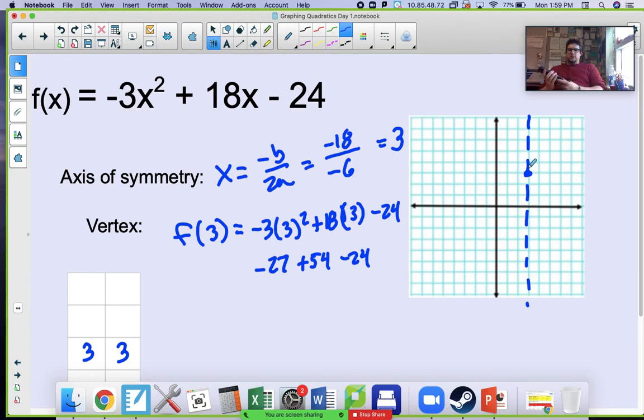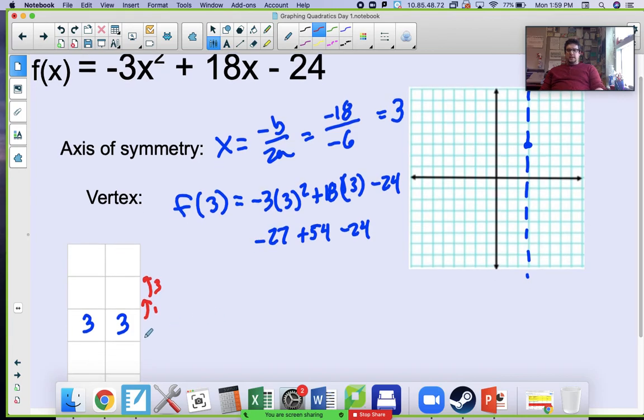Just want to double check on my end. Yep, okay. Sometimes you just don't trust yourself. All right, pattern should be 1 and then 3. On this side should be 1 and then 3. So we have 2 and 1, 4 and 5.